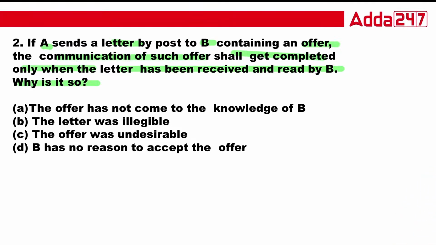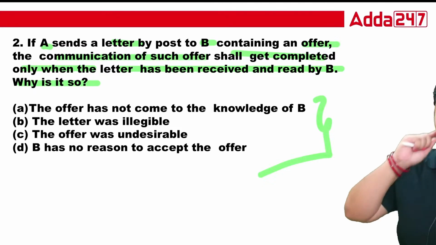So class, in this question, the offer has not come to the knowledge of B. If it is received and read, it is the right answer. This is wrong: the letter was illegible. It is undesirable. B has no reason to accept the offer. I think none of the statements is the right answer, because A sends a letter by post to B containing an offer, the communication of the offer gets completed only when the letter is received and read by B. So no option is correct in this question.